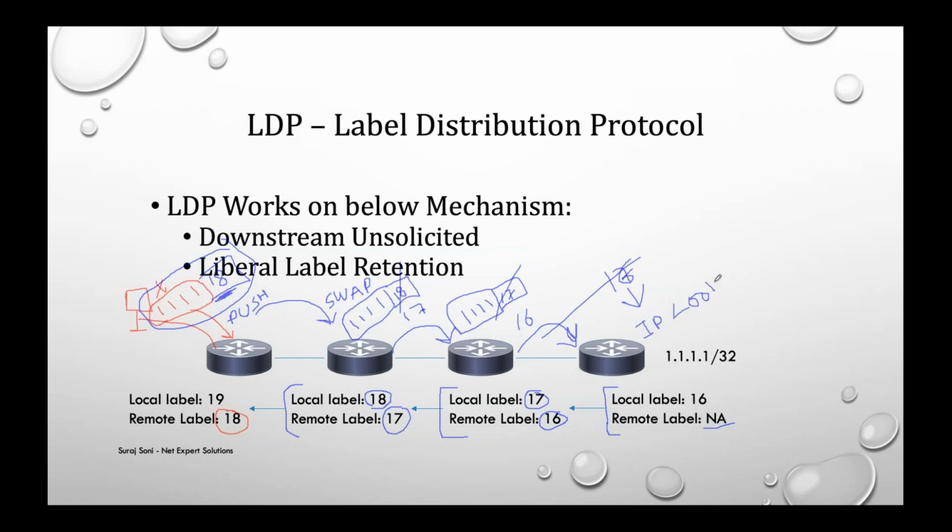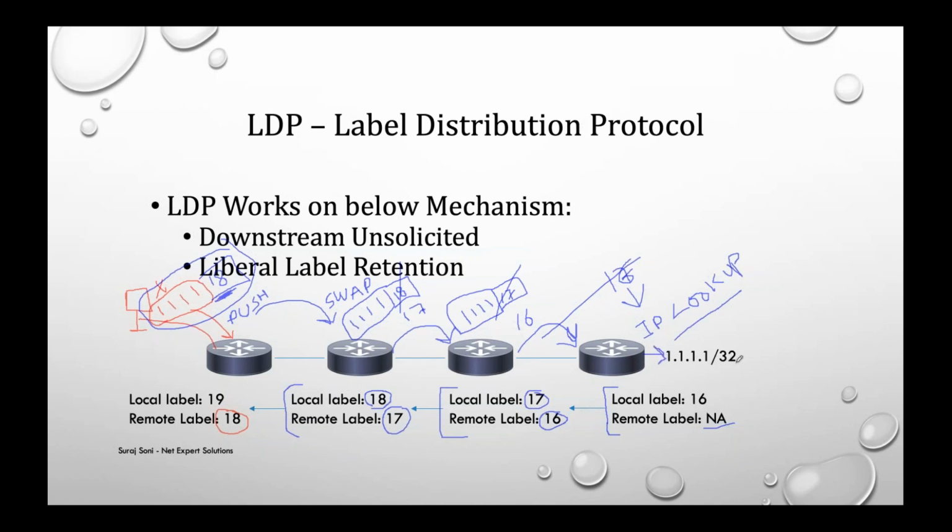This lookup we can avoid by the use of PHP. I will explain that later. So now he is going to look up the IP to see where our 1.1.1.1 is. He's saying, okay, 1.1.1.1 is attached to my gig 0/0 interface. Okay, send it across.